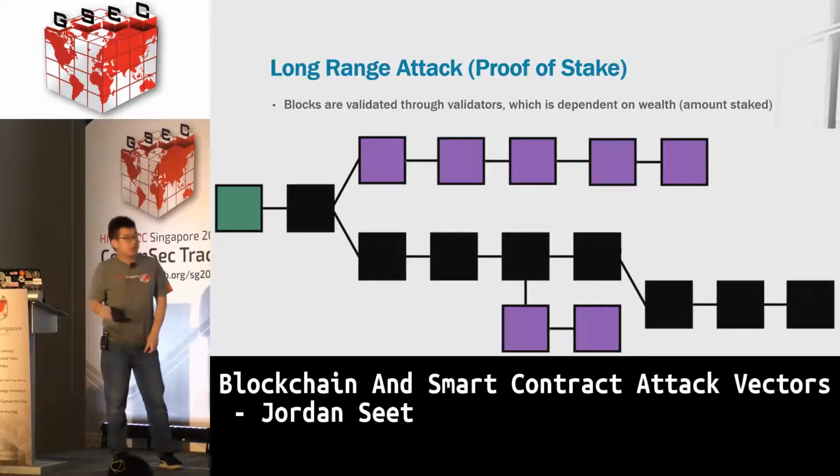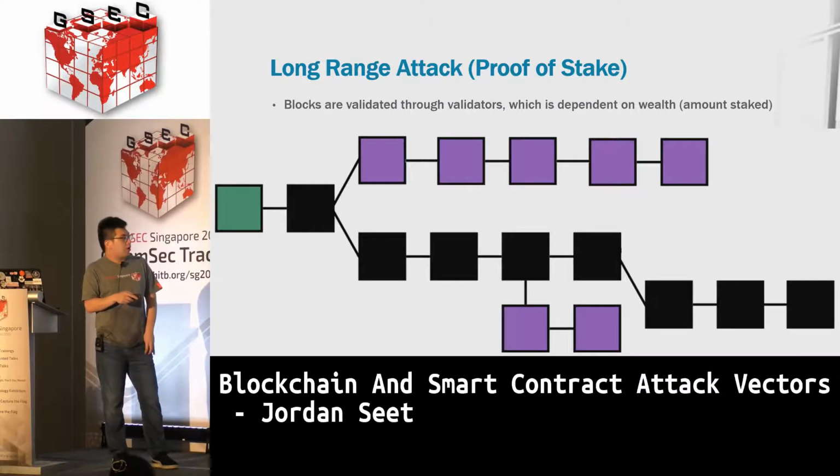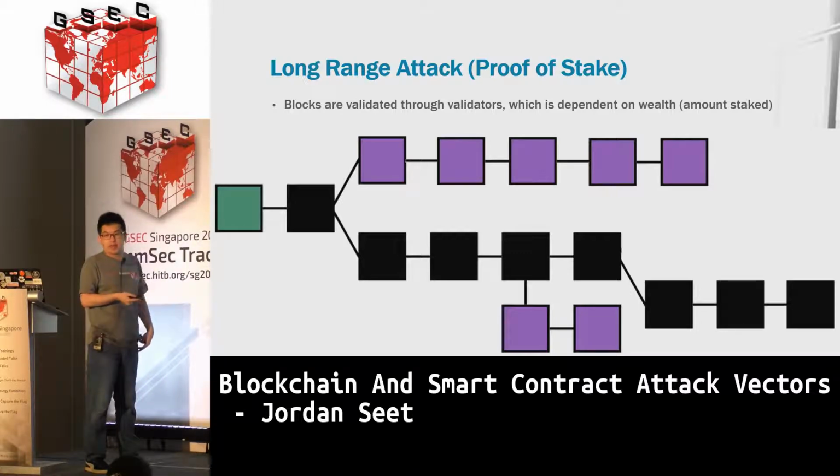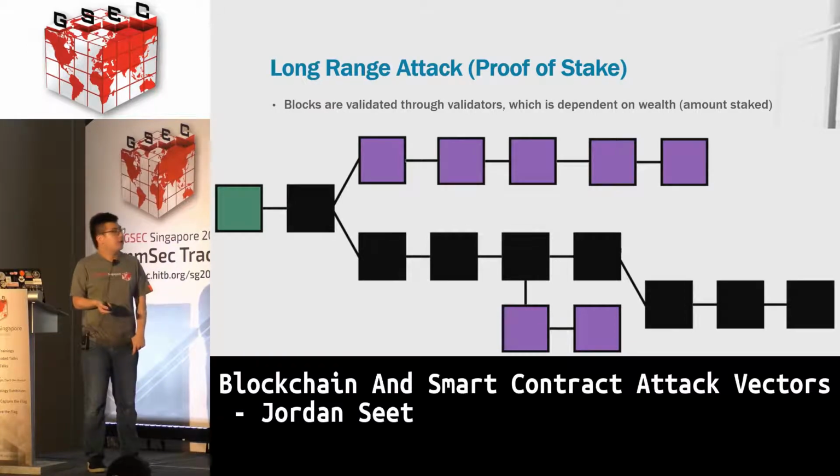For simplicity's sake, the branch with the longest chain will be the source of truth. So if I was an attacker, I want to create the branch with the longest chain.